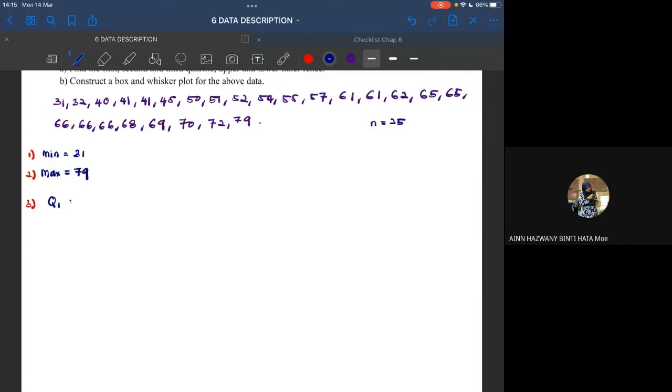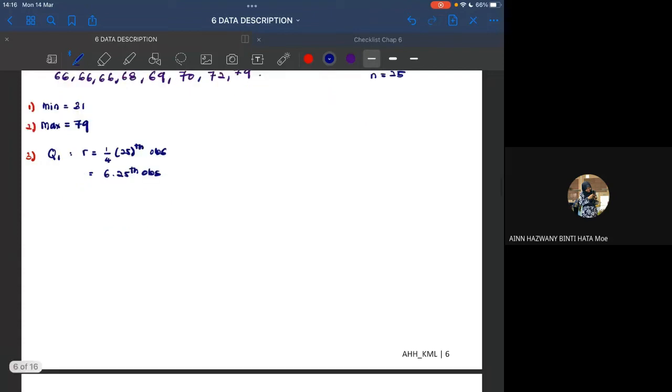To find Q1 we have to find R is equals to 1 over 4 multiplied by the N which is 25 observation. 25 over 4 kita dapat 6.25 observation, which is non-integer. So non-integer we have to round upkan dia kepada 7th observation. Be careful, this is not your Q1, belum Q1 lagi, ini baru observation kita.